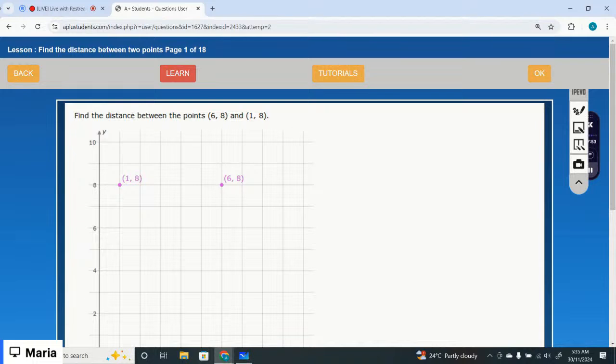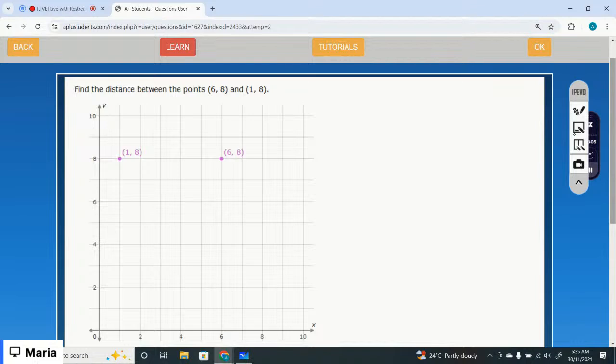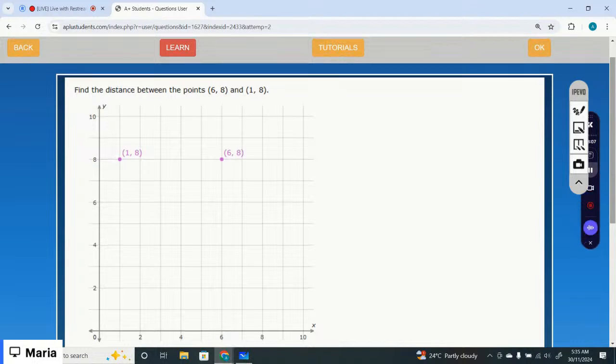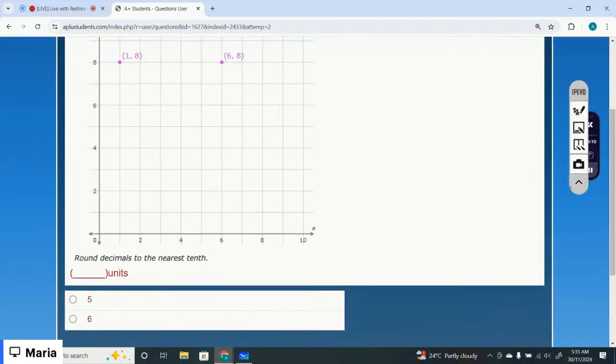Find the distance between the points. That is 5 units. Option number 1 is the correct option.